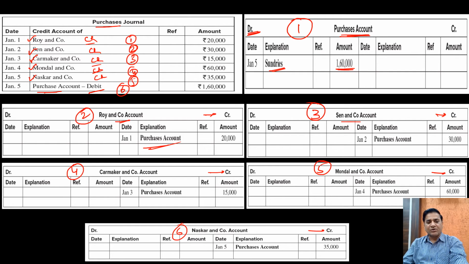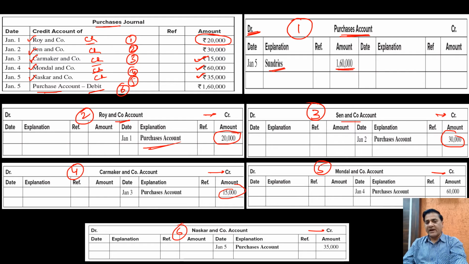So the account of Roy and Company would be credited by 20,000. Here it is. Sen and Company would be credited by 30,000. Carmaker would be credited by 15,000. Here it is, Mandal and Company 60,000. Naskar and Company 35,000. So these would be recorded on the credit side of the persons who have supplied goods to us.